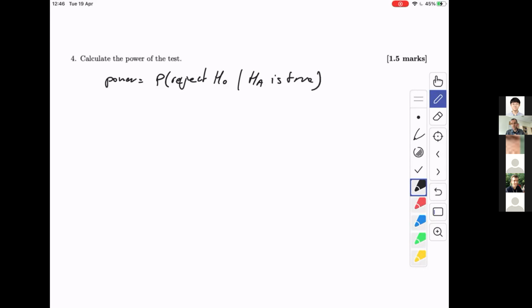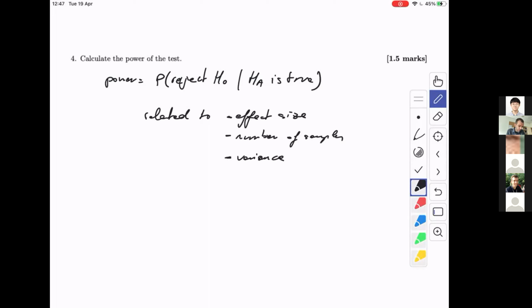And there's a derivation that I will not repeat here, but basically the power is related to the effect size, the number of samples, and the variance.